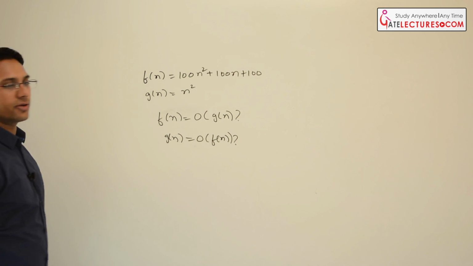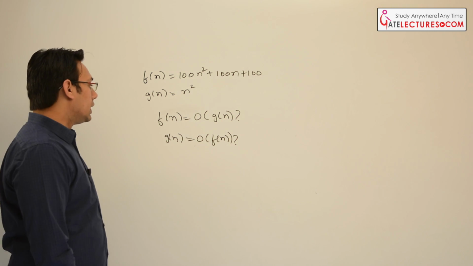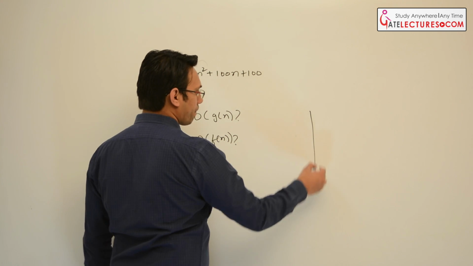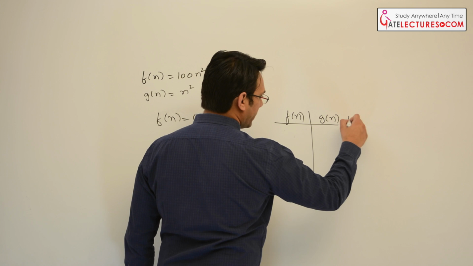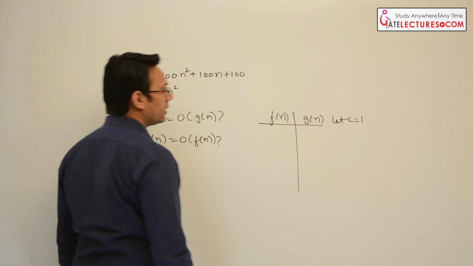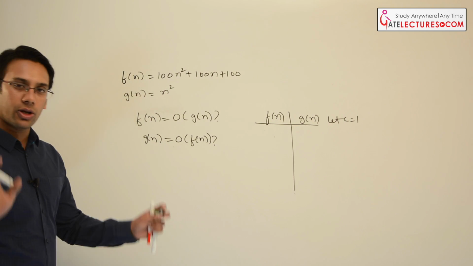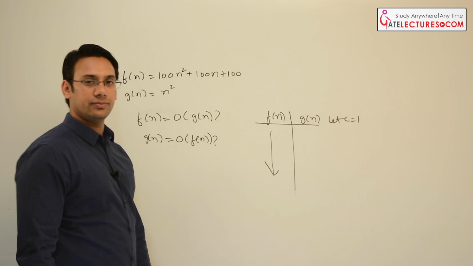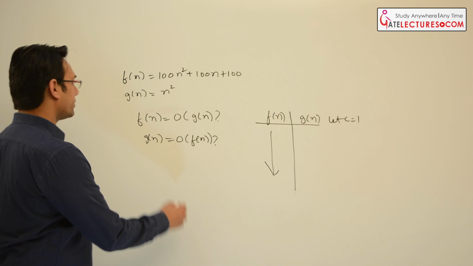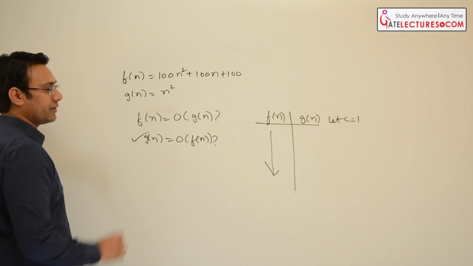Okay, Gn is order of Fn. Now in this case, if this is Fn and this is Gn and let C be equal to 1, then you can clearly observe that Fn will always be greater than Gn, right? That means here you can say Gn is order of Fn.